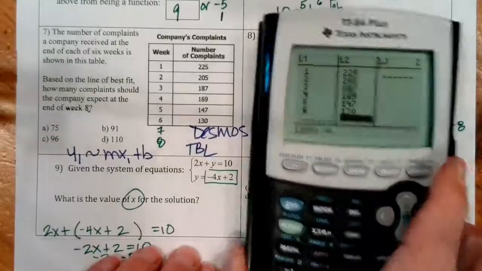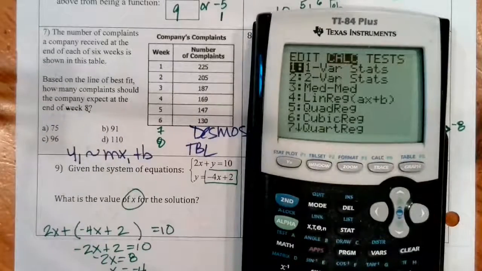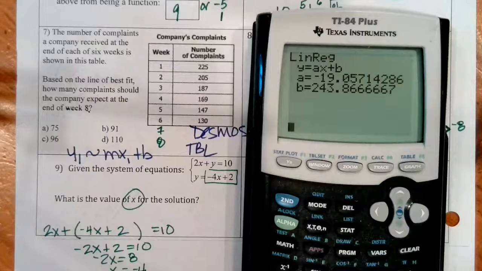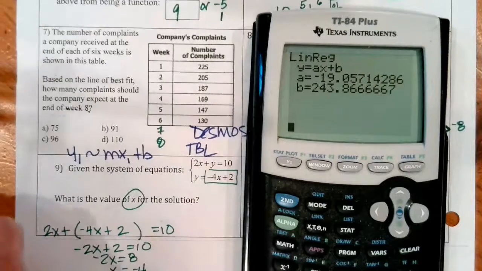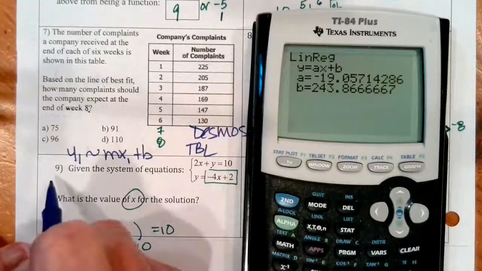Now with the calculator, we can go ahead and say stat, calc, linreg, and it tells us our equation. We have a slope of negative 19 and a y-intercept of 243.